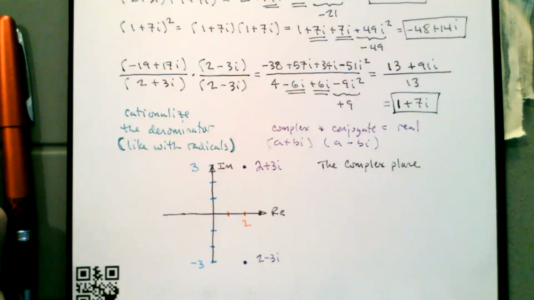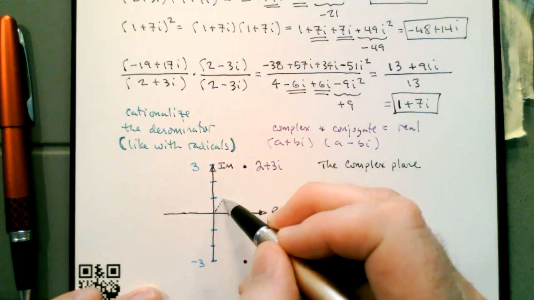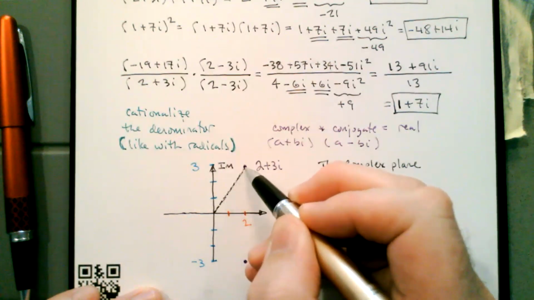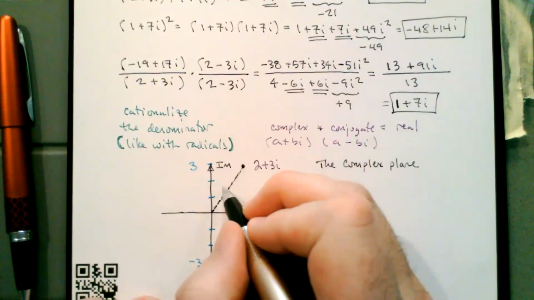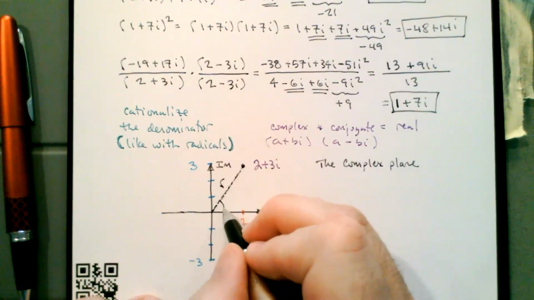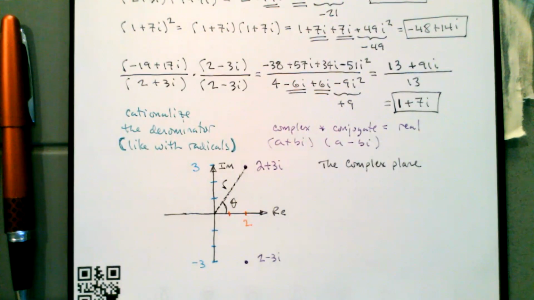So we might start worrying that I'm going to suddenly ask you for a different description of this number 2 plus 3i by saying, how far is it from the origin and at what angle does it make with the positive real axis?